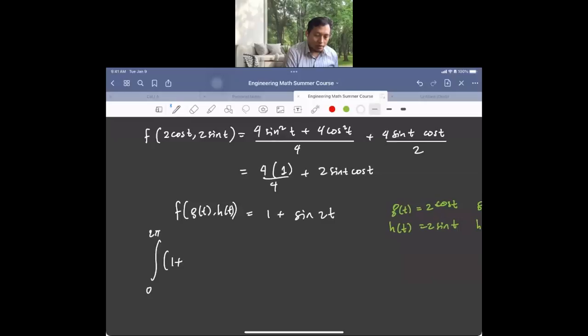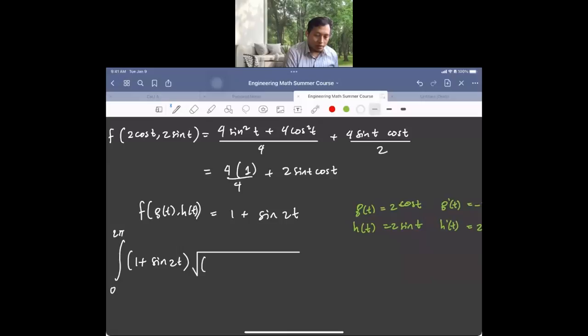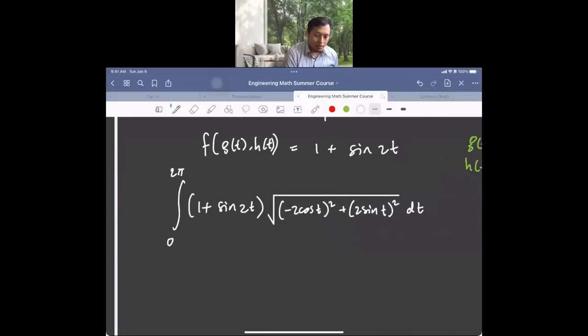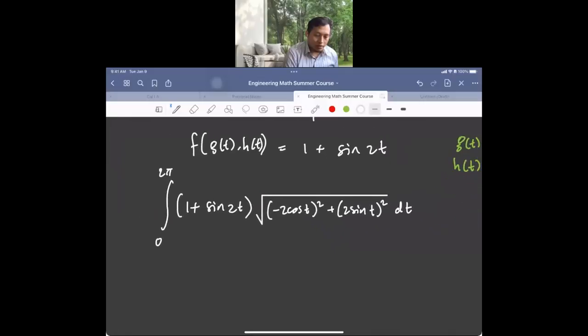So the line integral becomes the integral from 0 to 2 pi of 1 plus sin 2t, multiplied by the arc length formula: the square root of 4 cos squared t plus 4 sin squared t.